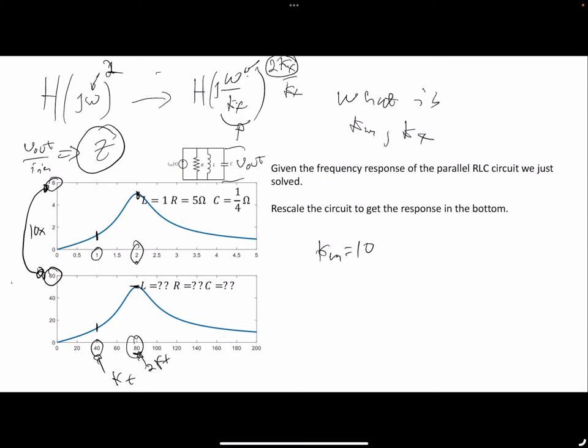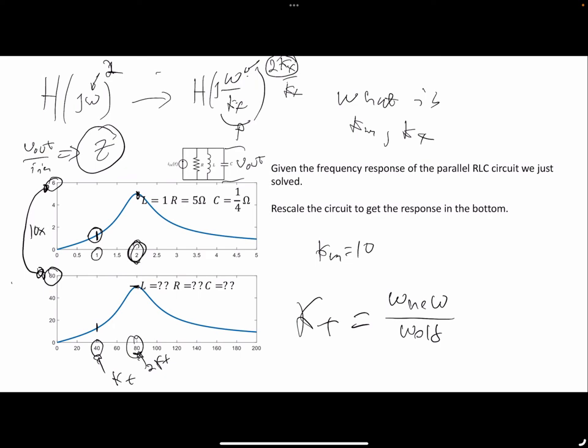You either stick to always looking at what happens at omega equals 1, and then look at the other graph and figure out where that occurs. Or you can look at any point, but then you have to divide by the magnitude of that point. So omega new divided by omega old is Kf.